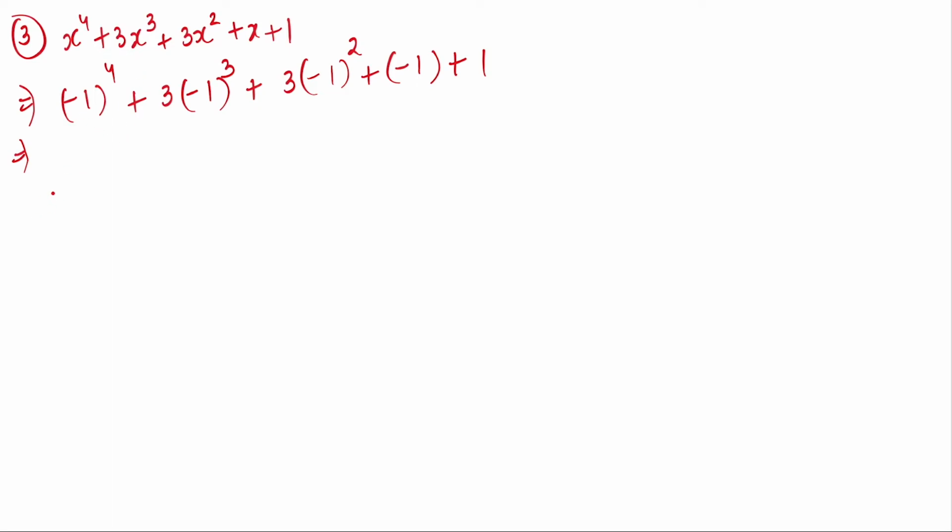Now minus 1 to the power 4 will give plus 1, plus 3 into minus 1 cube will give us minus 3, plus 3 into minus 1 square will give us 3, plus 1, and that's how we get plus 3 and plus 5 in total. Plus into minus 1 will give us minus 1.